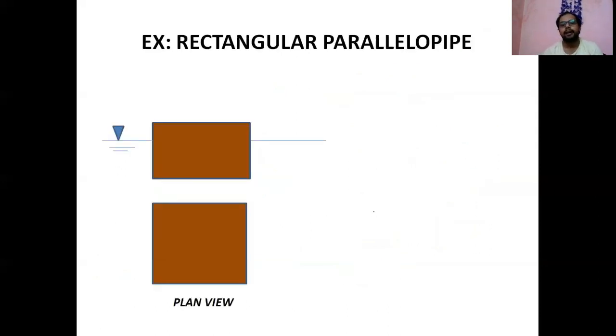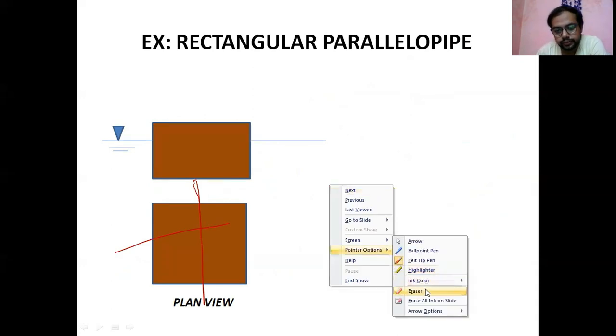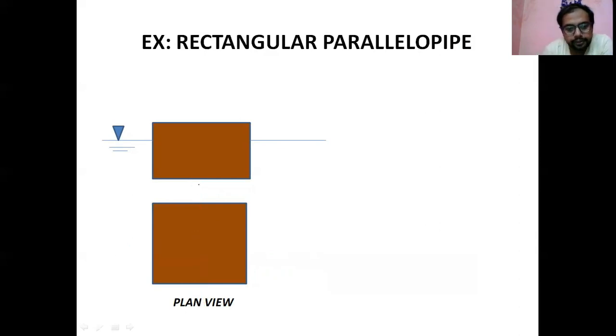Similarly, here the rectangular pipe is given. So which axis do you have to choose? What is the y-axis? Which axis do you have to choose? That is also the one about which the moment of inertia is the minimum. This you have to choose. So in the plan view, which axis is the y-axis?